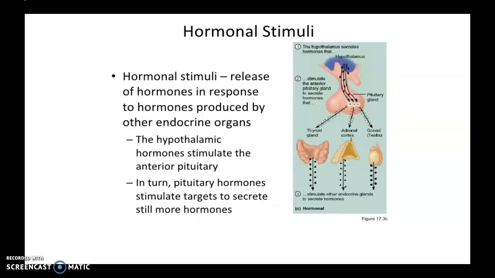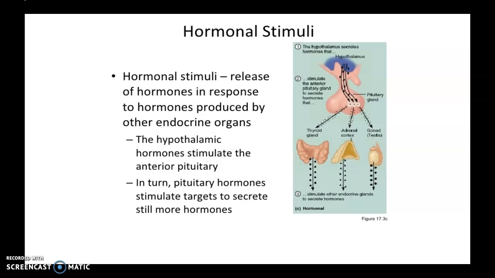The last one is hormonal stimuli, which is, in this case, hormones released in response to other hormones produced by other endocrine glands. So here in the picture we do see the hypothalamus shaded in blue.